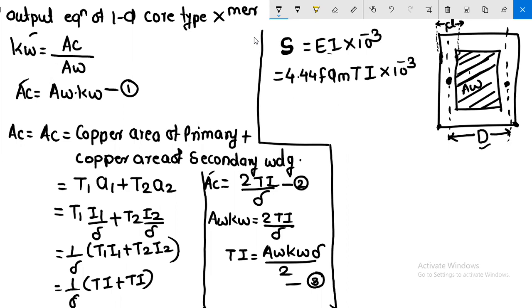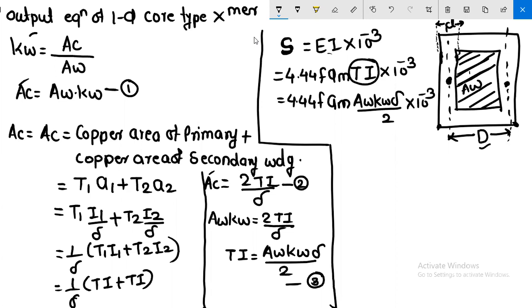Okay. Now, what is that Ti? We have found out this value of Ti in this particular equation number 3. So put this value here. So it becomes 4.44 F phi m into the value of Ti, which is AW KW del divided by 2 into 10 to the power minus 3.